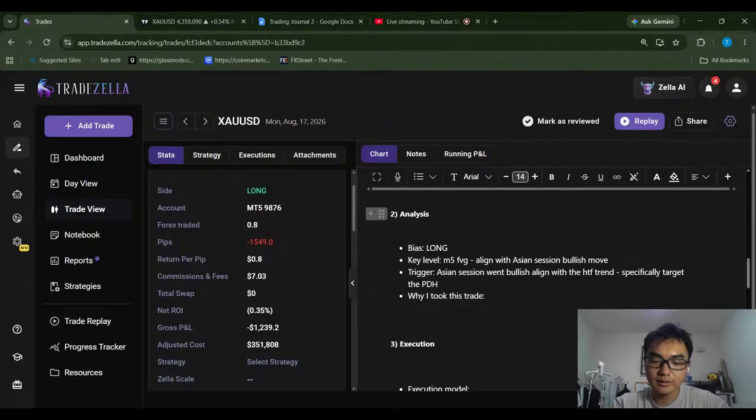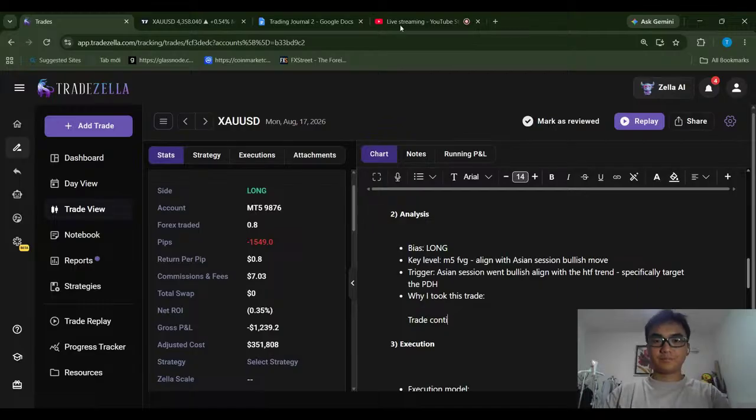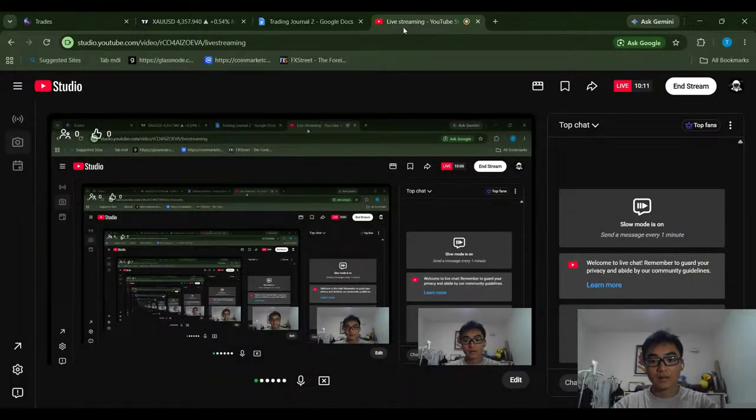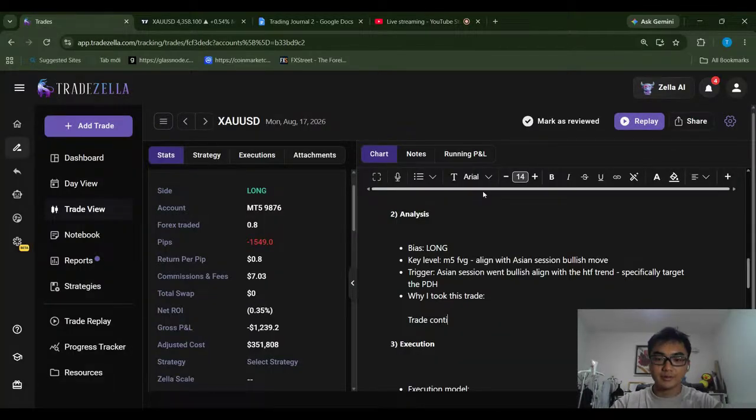It's a trade continuation to the target at the previous day high with the market structure aligned.